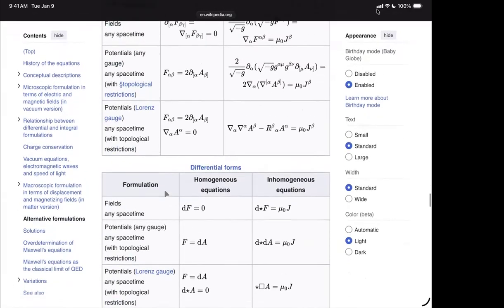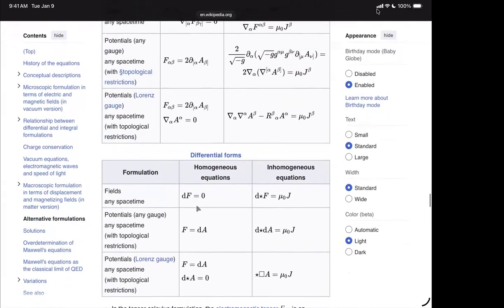So essentially, you can define something called the electromagnetic tensor, which combines the electric field and the magnetic field into a single entity. That's what the theory of special relativity does, basically. And then all of Maxwell's equations are basically just summarized by saying that the derivative of that thing is zero. And that's it, that's all the equations. Well, there are two, because this is when there's no matter present.